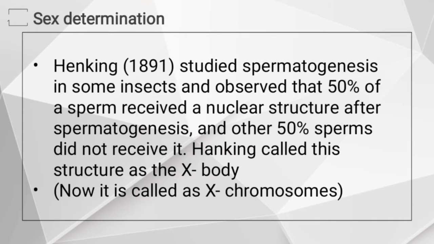In 1891, Henking studied spermatogenesis in some insect. He observed that 50% of sperm received a nuclear structure after spermatogenesis and the other 50% did not receive it.